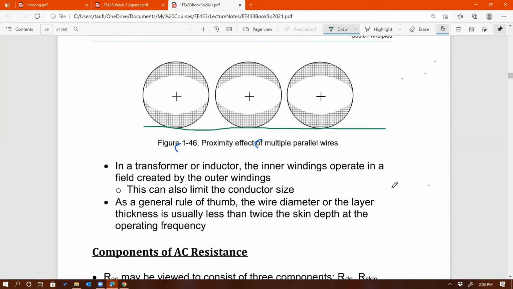If I have a magnetic core and I wind three turns right there, just like that, and then you look at the surface of the core, it looks exactly like this, right? All three will have the same current in the same direction. And so you're going to have proximity effect if you are making an inductor with multiple turns.